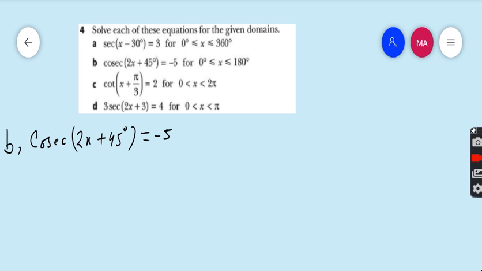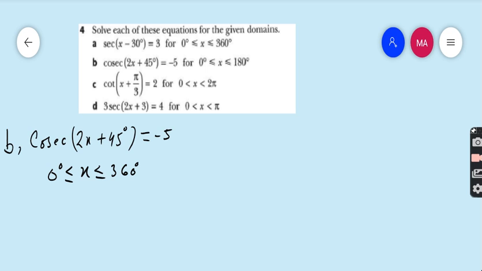x from 0 to 360 degrees. So this is the domain of x. We must convert this domain to 2x plus 45. How is it possible?